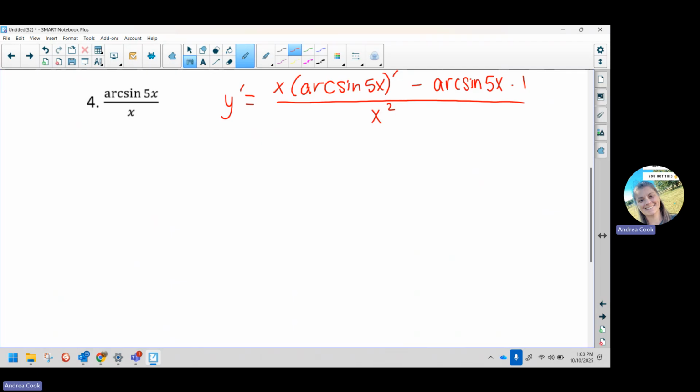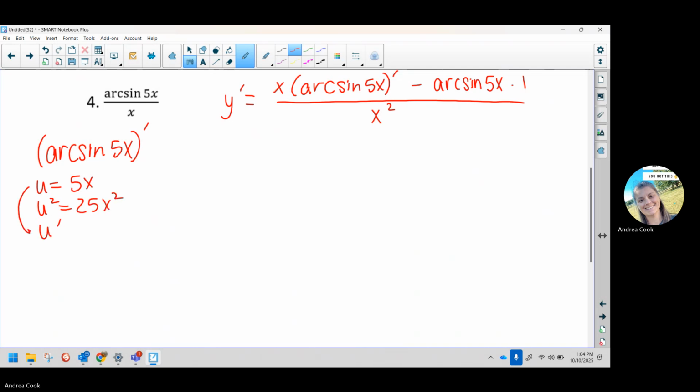So within that quotient rule, now we have to find the derivative of arc sine. So the derivative of arc sine 5x, so u is 5x. u squared would be 25x squared. u prime would be 5.